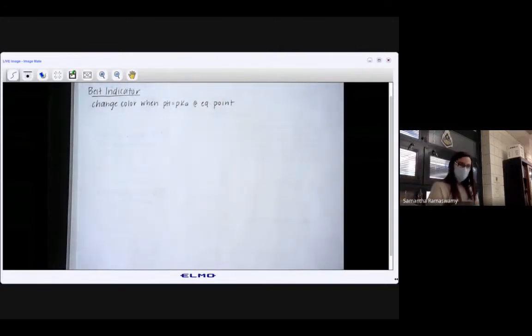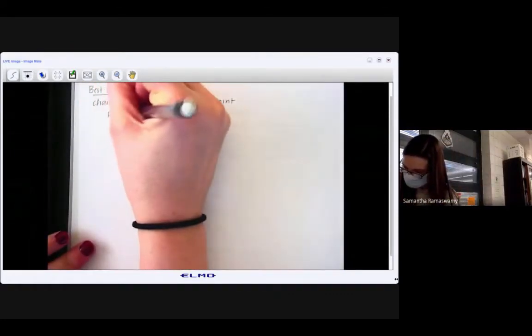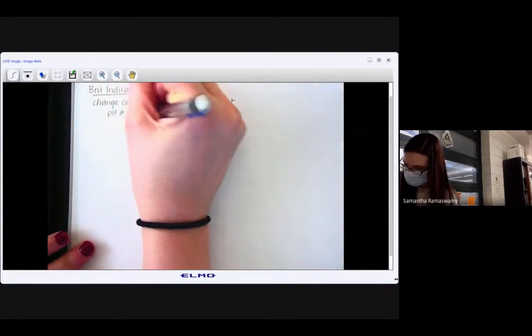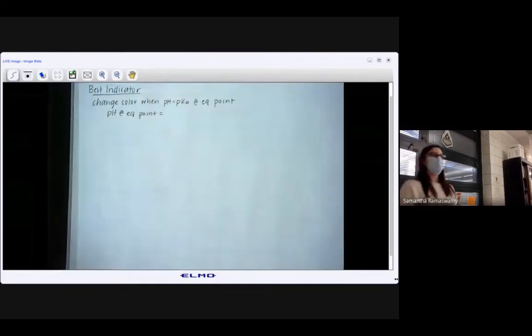Okay, well, we don't know what the pH at the equivalence point is. So we'll actually go to the last question and then come back to this. So I'll just write this for now. pH at equivalence point equals. So I'll fill that back in and then we'll come back to it.